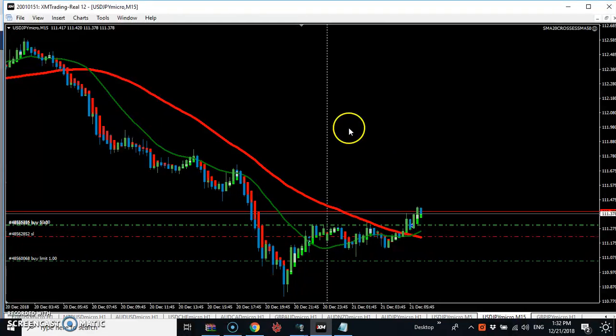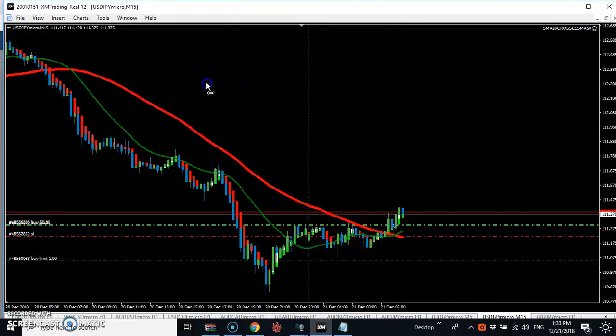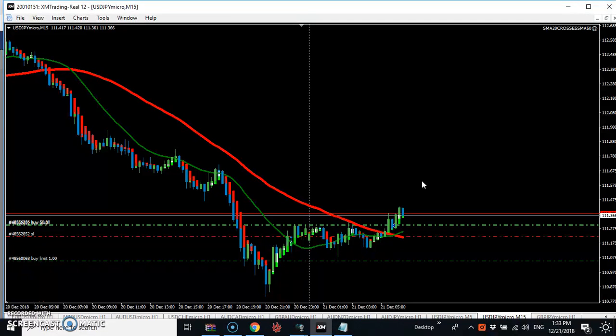The story about this entry is that after I scanned the daily time frame, I realized that this daily time frame is about to find its way up. Then I sat down looking for entries on the 5-minute and the 15-minute.